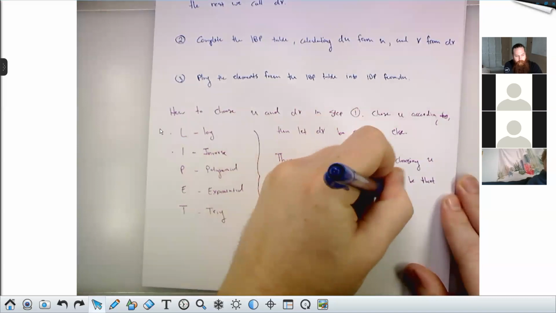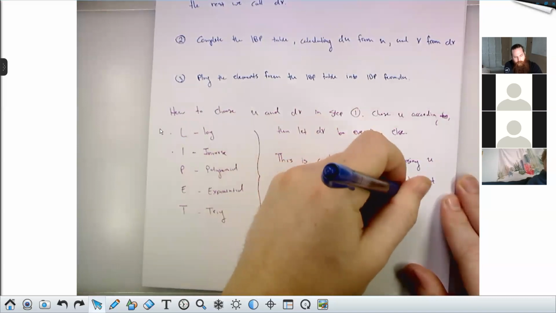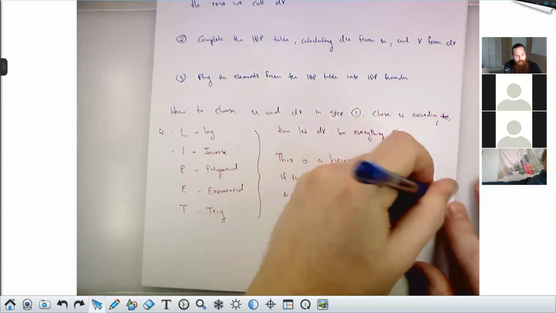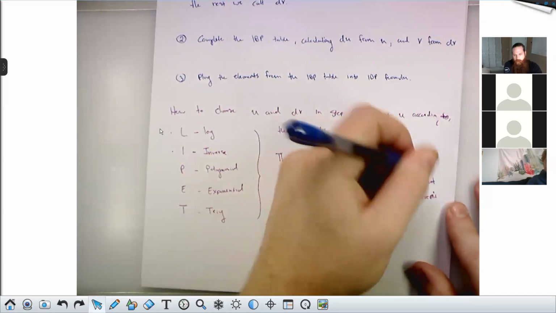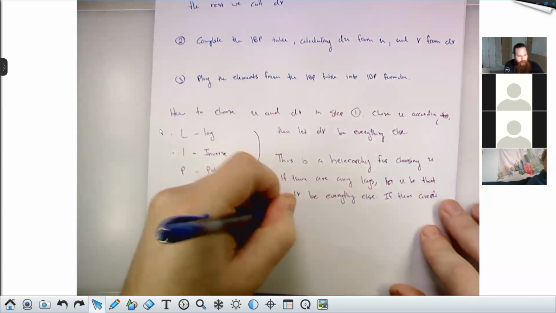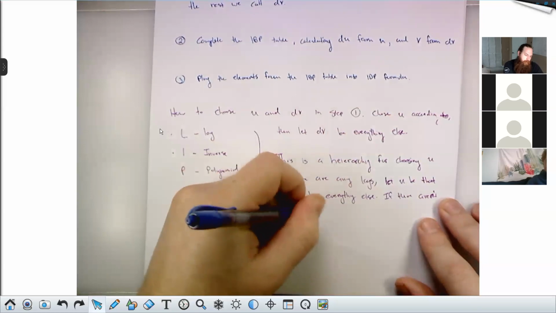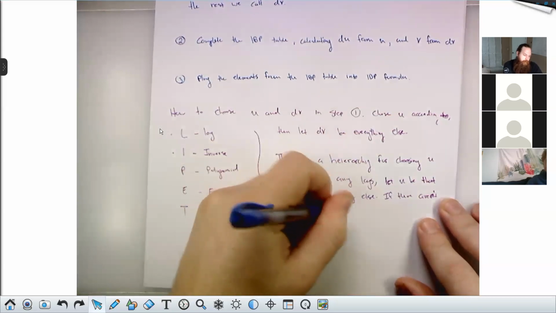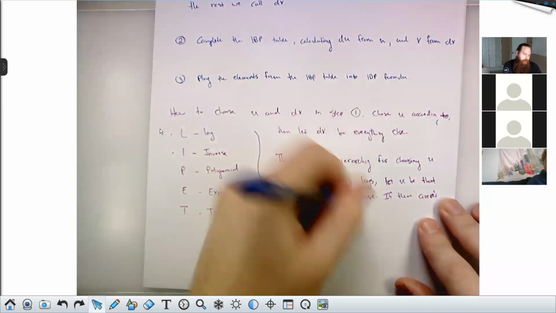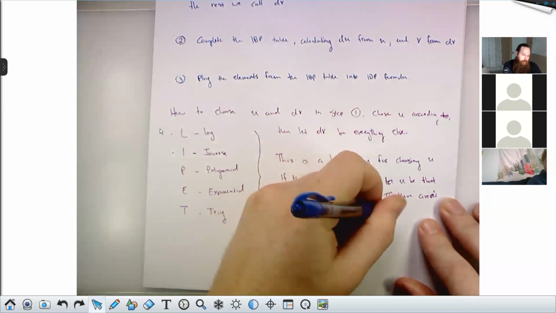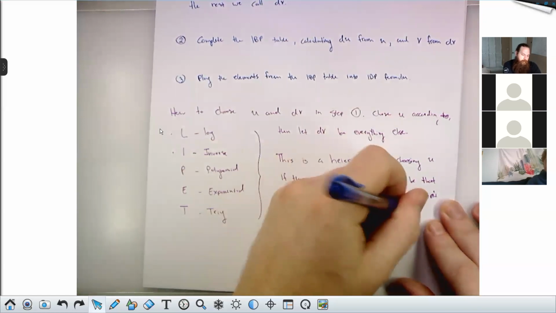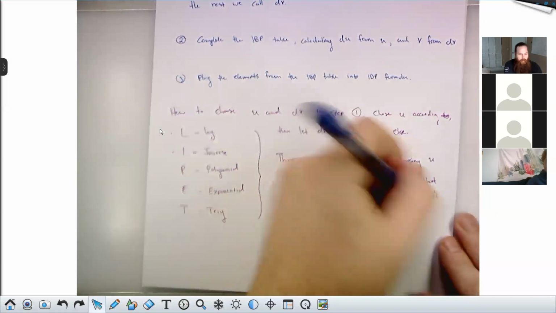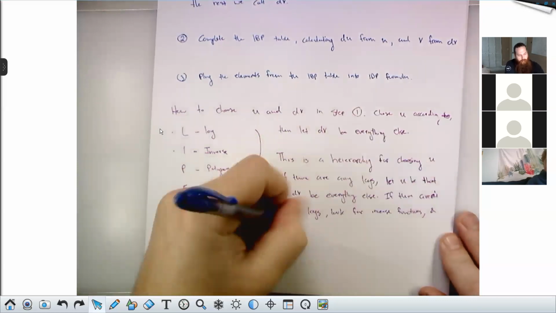If there aren't any logs, look for inverse functions. And so on.